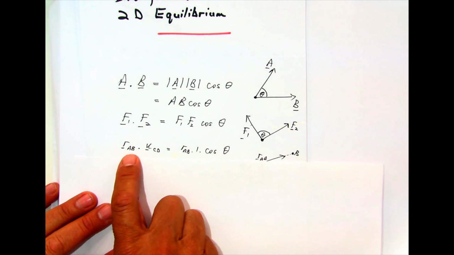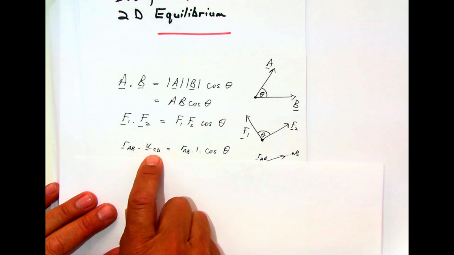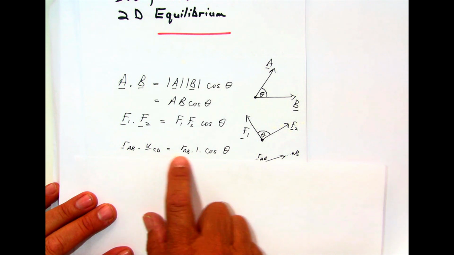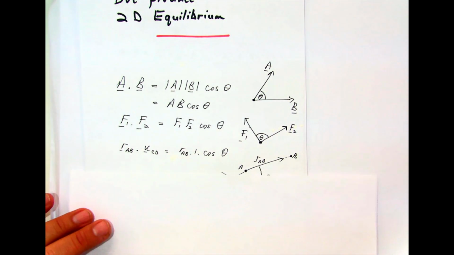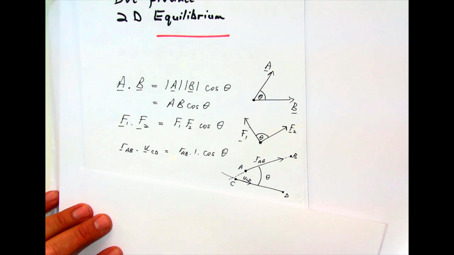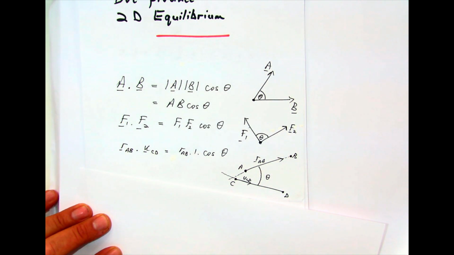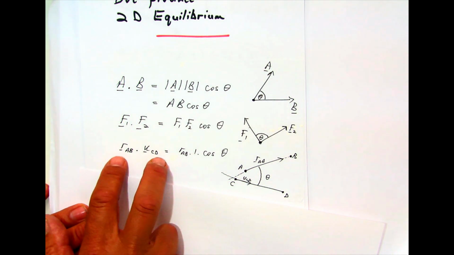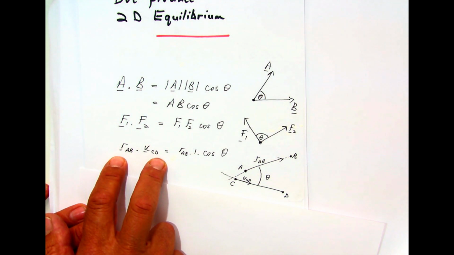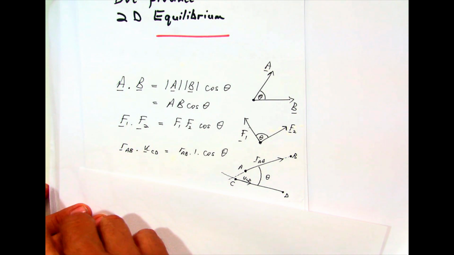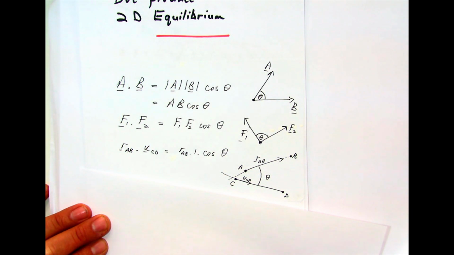So, position vector AB, unit vector CD: the magnitude of the first one, the magnitude of the second one is of course 1, the magnitude of a unit vector, and the cos of the angle between the two. Or they could both be unit vectors. Or the one can be a force and the other one a unit vector. Doesn't matter. You don't have to use the same type of vector.